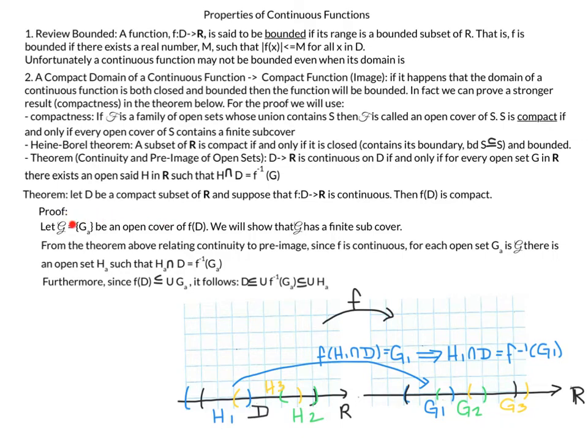And G of A is an open cover of f of D. So I have three sets, my blue G1, my green G2, and my yellow G3. Those are three sets, and together they are an open cover. In other words, they totally enclose my f of D. And remember, my f of D is notated with the black parentheses. It's an open interval.